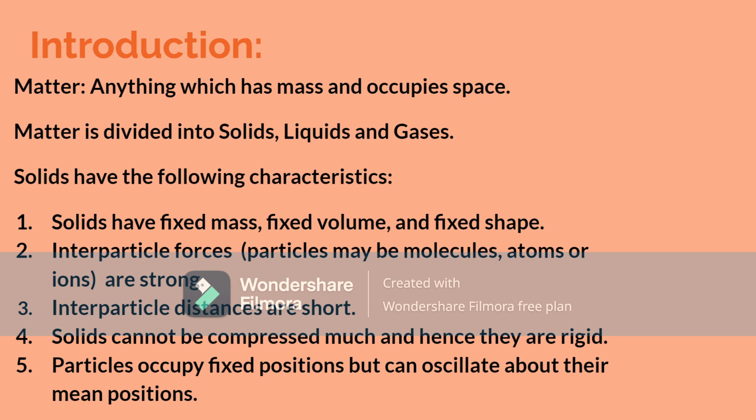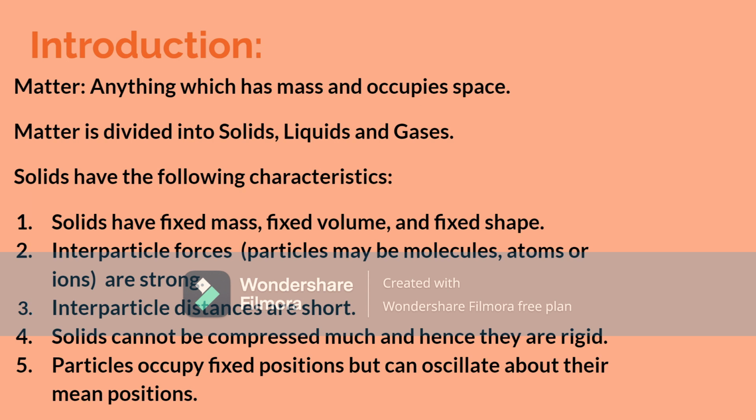Below are some of the important properties of the solids. Solids have fixed mass. Interparticle distances are short. We already discussed what interparticle is. It is nothing but intermolecular or interatomic or interionic.